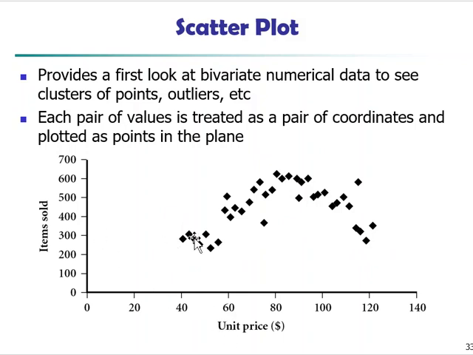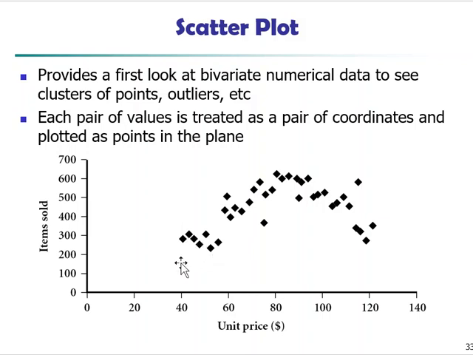We can see that the products that are the cheapest or the most expensive are sold in smaller amounts, while those products with price in the middle range sold more than the most expensive or the least expensive ones.